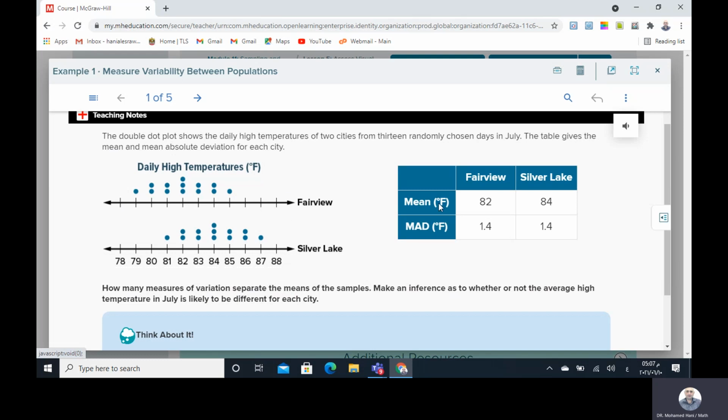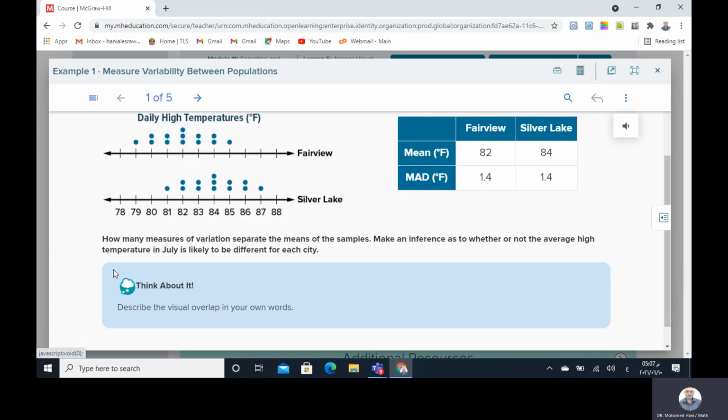The first mean is 82, and the second mean is 84. The first mean absolute deviation is 1.4, and the second mean absolute deviation is 1.4. Now, how many measures of variation separate the means of the samples? Make an inference as to whether or not the average high temperature in July is likely to be different for each city.